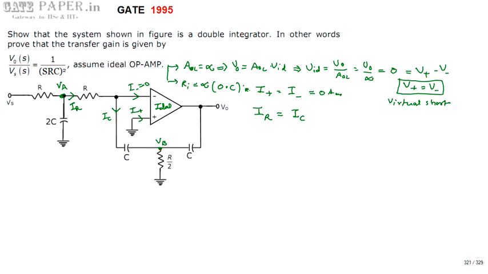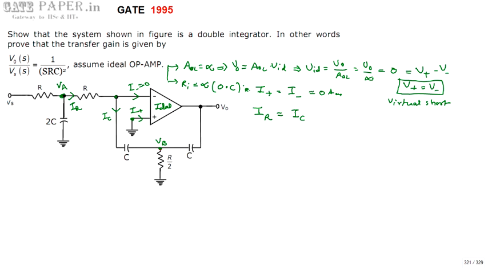Now, this is the inverting node and that is the non-inverting node, but this equation says the voltage at the non-inverting terminal and the voltage at the inverting terminal are the same. They are not connected physically, but they behave as if they are connected virtually. Even though it is imaginary and not shown, they act as if they are shorted.